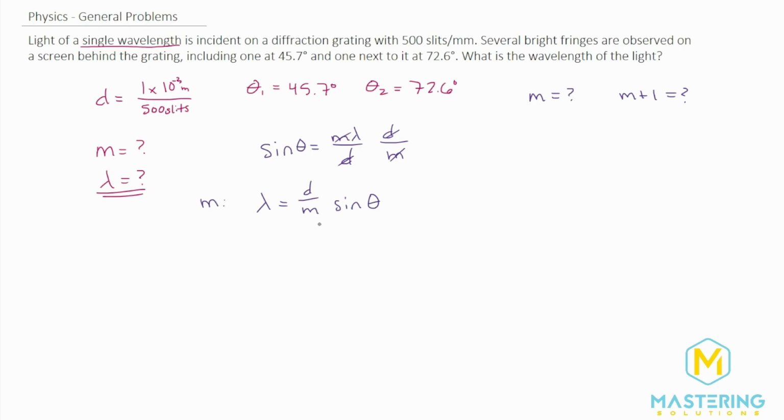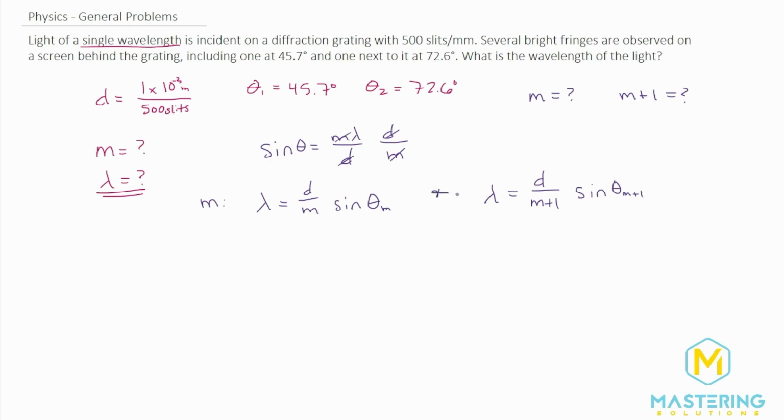Now what is going to be the second equation for m plus 1? Well, we would use the same thing. We would have lambda is equal to d over m plus 1, and then that's multiplied by the sine of theta. But this theta and this theta are not the same, right? So this is the theta of m, and this is the theta of m plus 1.